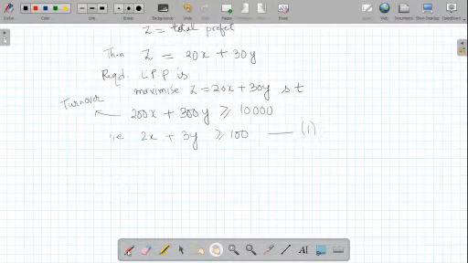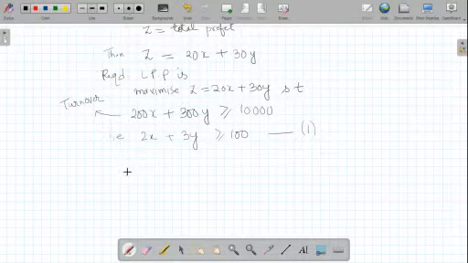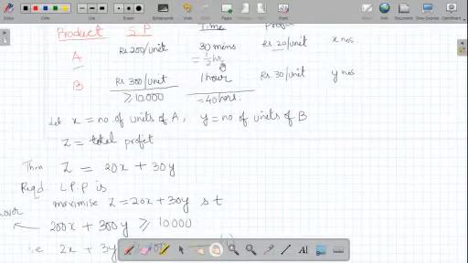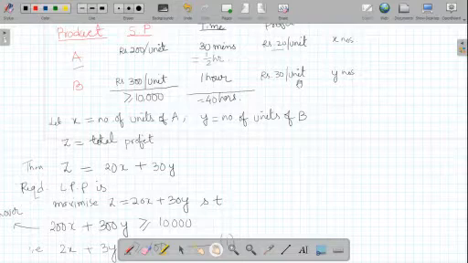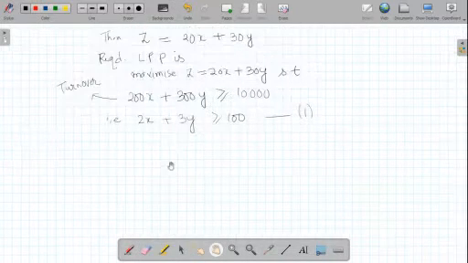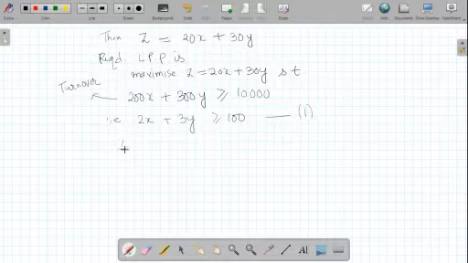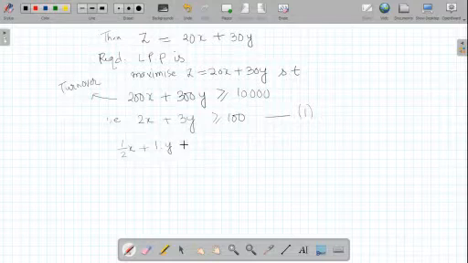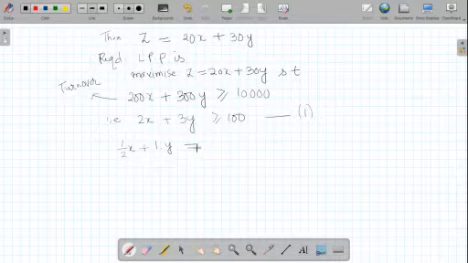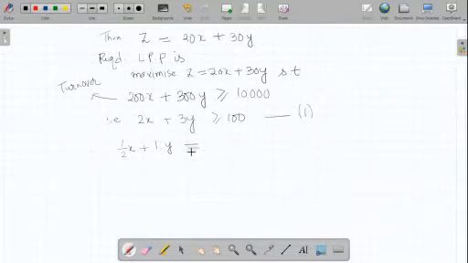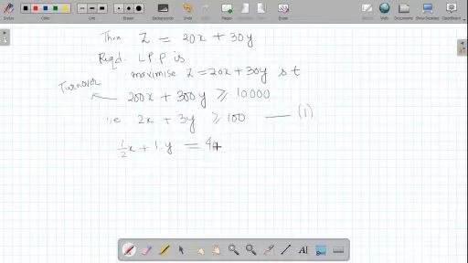And the second equation it will be how much? Let's see. Time. What is the time? Half times of x plus 1 time of y, and the item should be equal to the maximum working week, which consists of 40 hours.